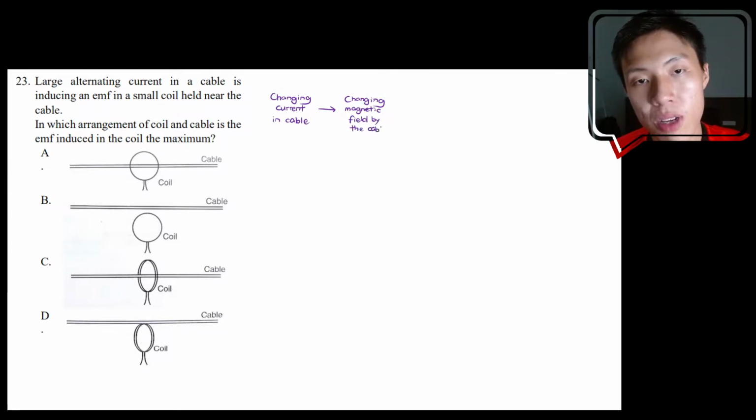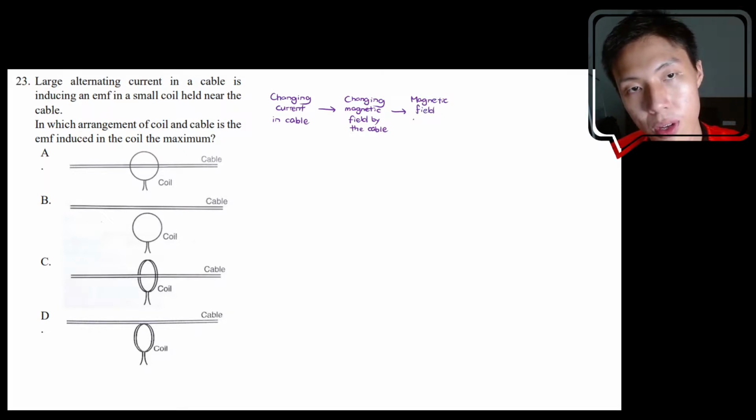The changing magnetic field by the cable will cause the magnetic field passing through the coil to change.